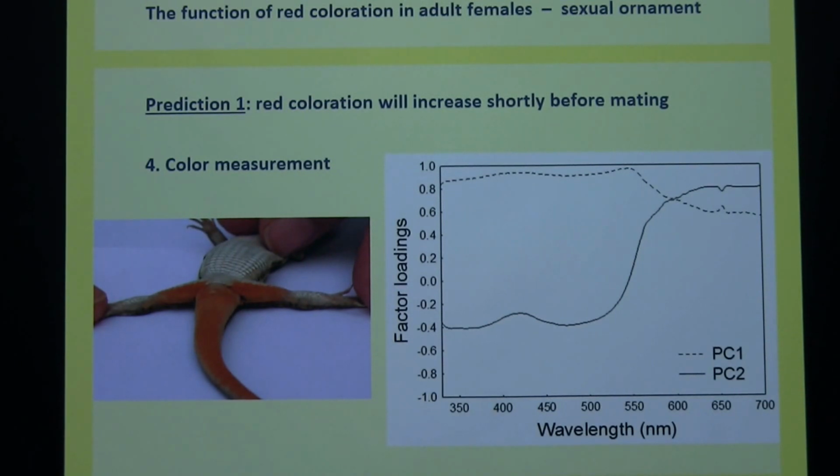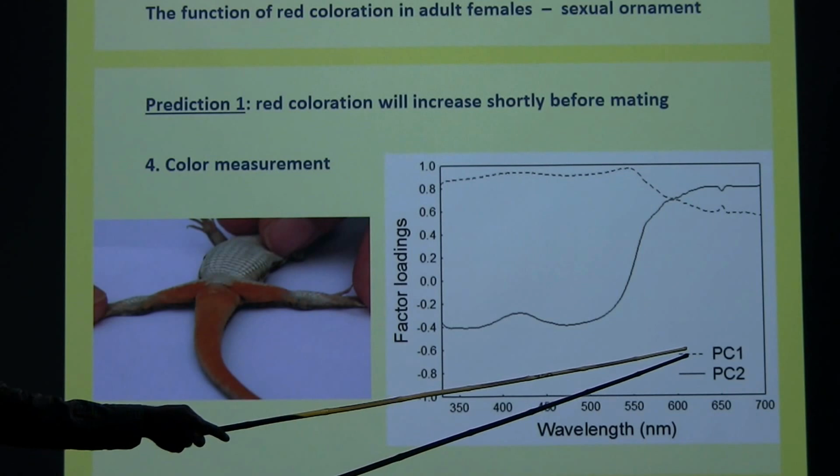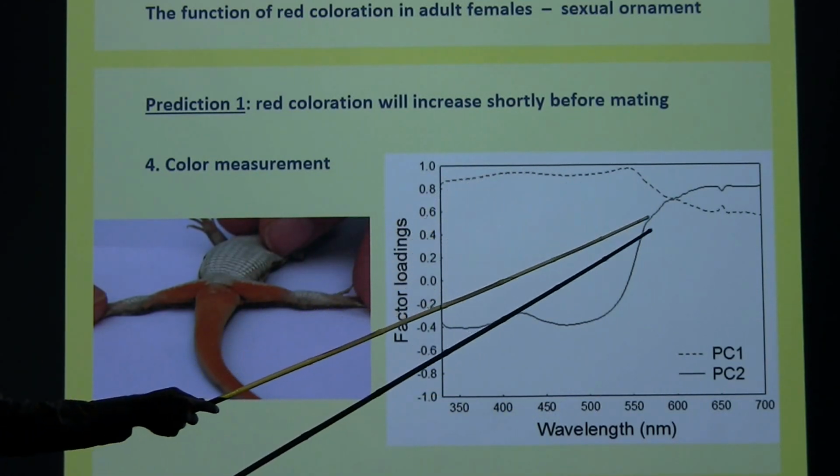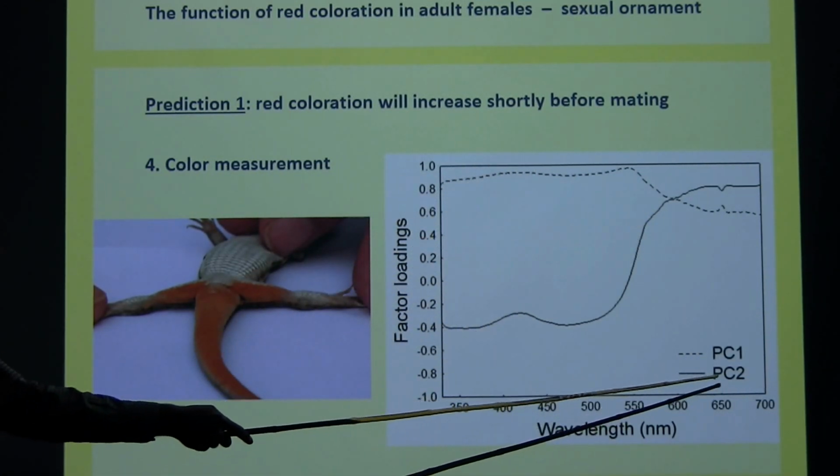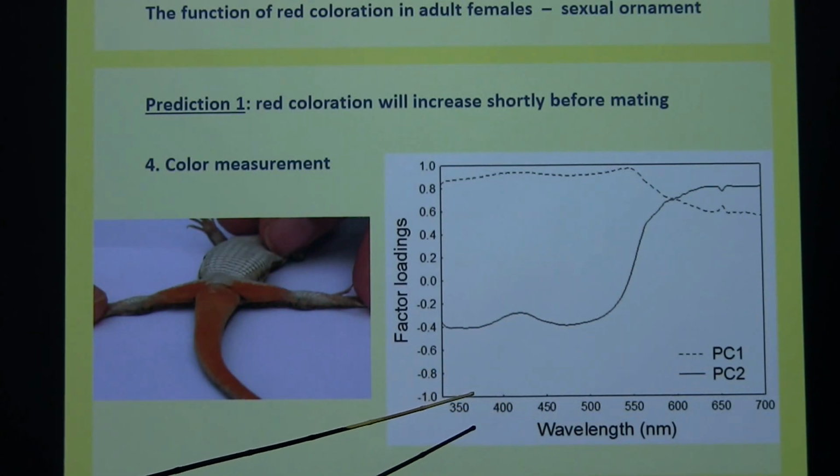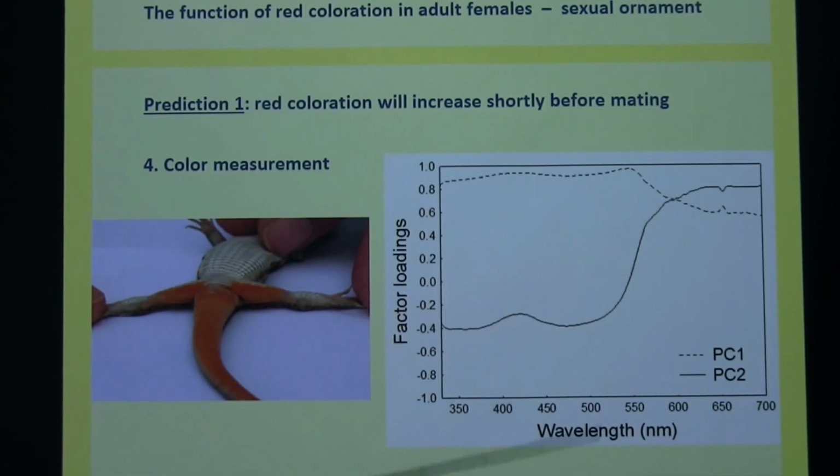Well, coloration again was measured with a spectrophotometer on the ventral part of the tail and the rear part of the hind limbs, but this time instead of calculating brightness, chroma and hue, we did a principal component analysis on spectral values to obtain the factors that explain color variation. The first factor, PC1, represented mainly brightness, and the second factor, PC2, represented mainly redness.